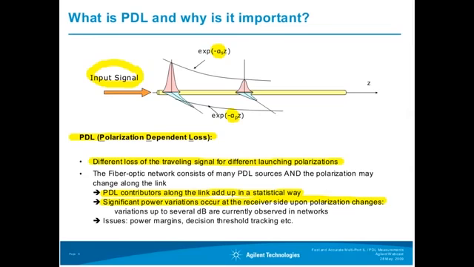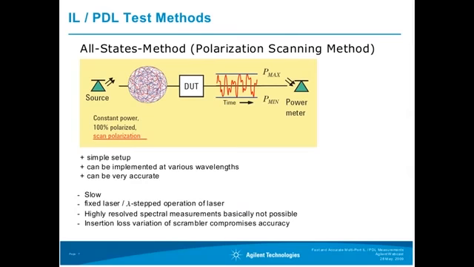There are a number of methods established in the industry, and I would like to introduce some of these methods. In particular, there's one method which has been used for a very long time and which is still being used in some cases, and that is the so-called all states method, or the polarization scanning method.